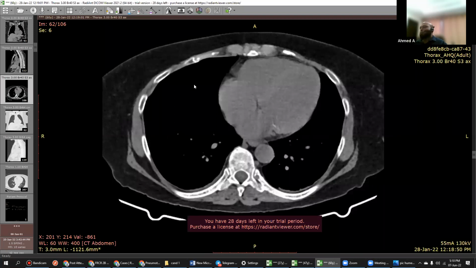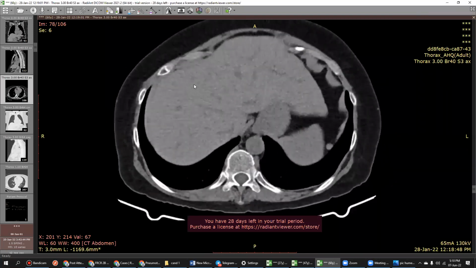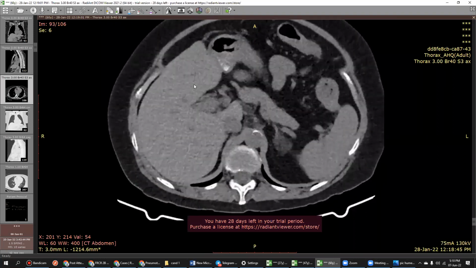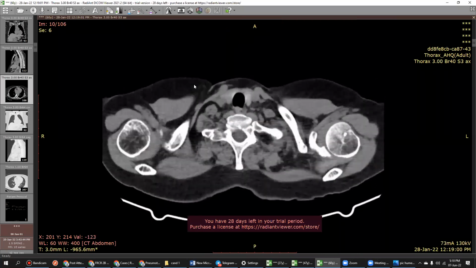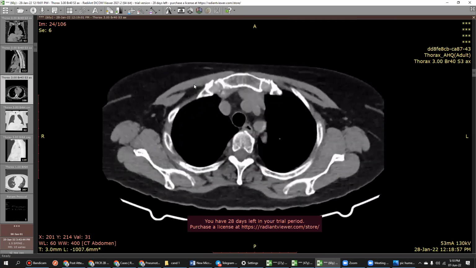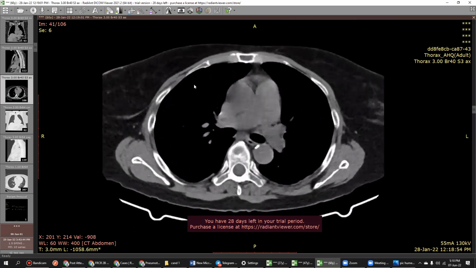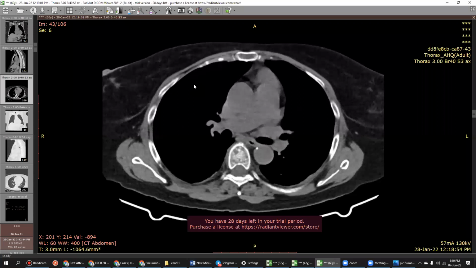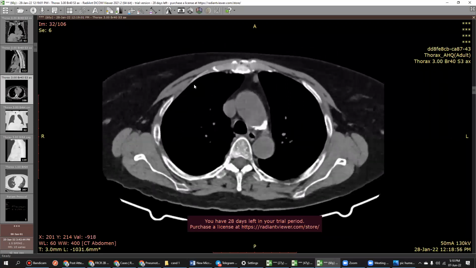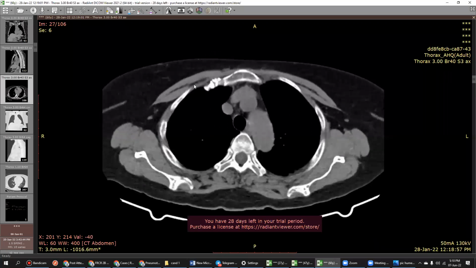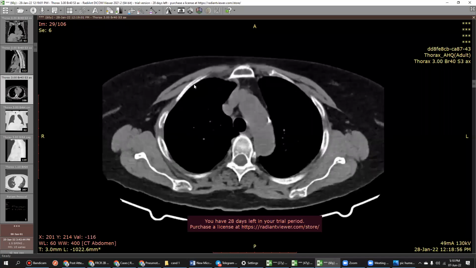Okay, now I'm in the mediastinal window, so I'm just looking at the heart shadow, which is within normal, and the solid organs in the upper abdomen look unremarkable. I haven't seen any lymph nodes. There are some atherosclerotic calcifications in the wall of the aortic arch. However, I haven't seen anything else. Okay, I will look at the bone structures also.